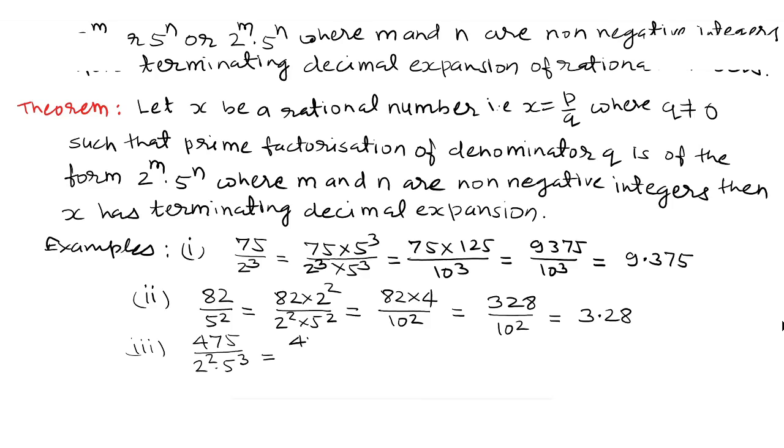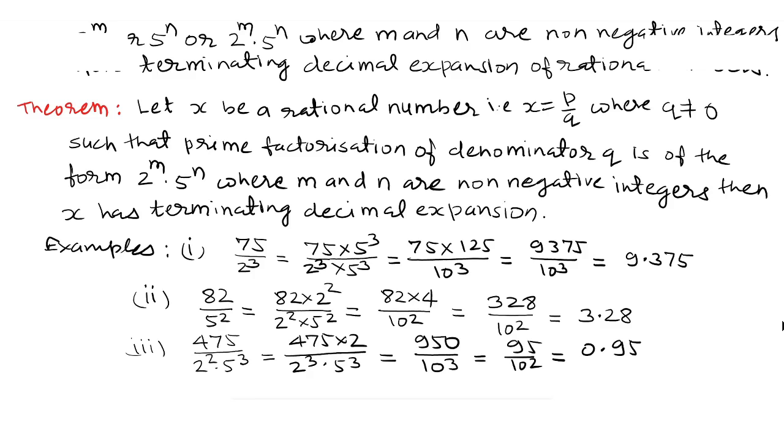So we get 475 multiplied by 2 upon 2 to the power 3 into 5 to the power 3. This gives us 950 upon 10 to the power 3. This is equal to 95 upon 10 to the power 2. This is equal to 0.95.